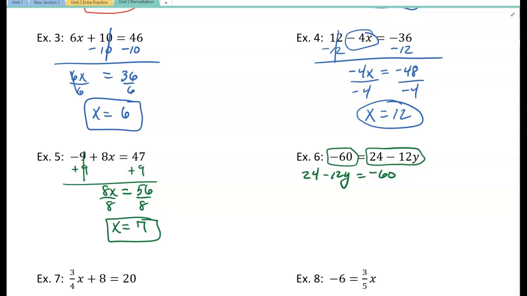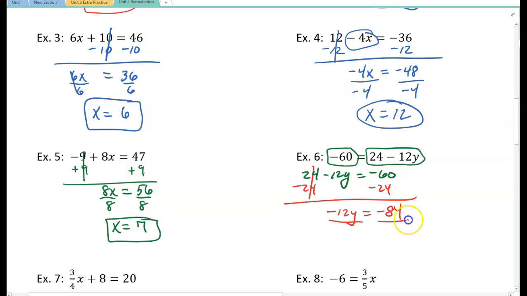Now, first thing to solve this, since I have to get rid of 24 by addition or subtraction, it's positive, so I'm going to subtract it. Those eliminate. What am I going to bring down? Negative 12y equals negative 84. Now, how do I get rid of the negative 12? I'm going to divide by negative 12. When I divide both sides by negative 12, I'm going to get y equals 7.